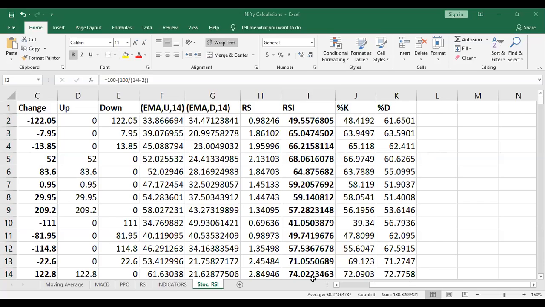Now I will show the same on the chart. In this, you can check that whenever the K is below the D, it is a sell signal, and whenever the K line is above the D line, it is a buy signal.